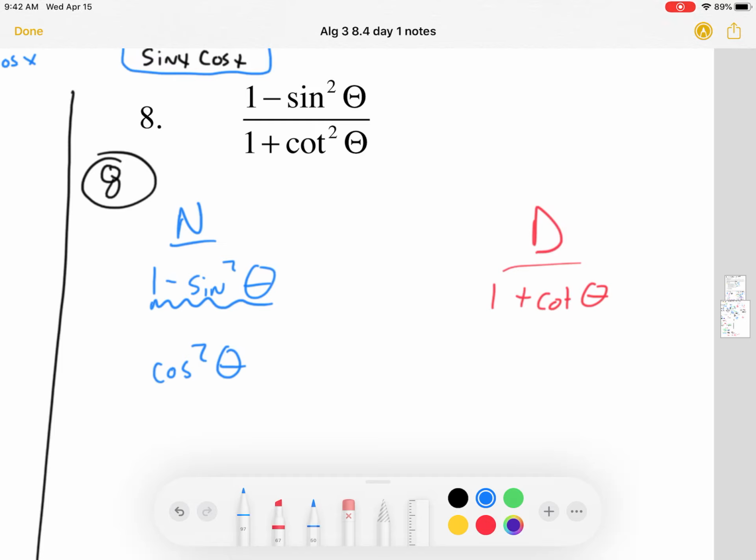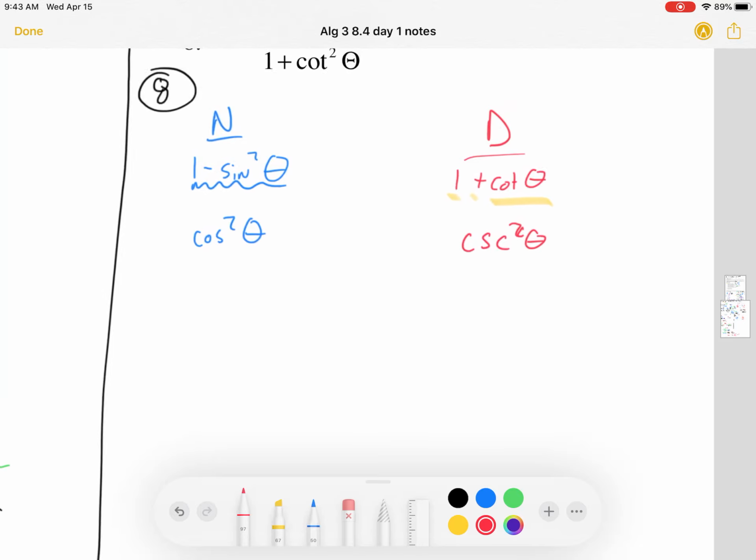Okay, 1 plus cotangent of theta. If you look at your trig relationship sheet, again, you need your trig relationship sheet out during this. If you look at the third one under Pythagorean relationships, it says 1 plus cotangent squared theta equals cosecant squared of theta.